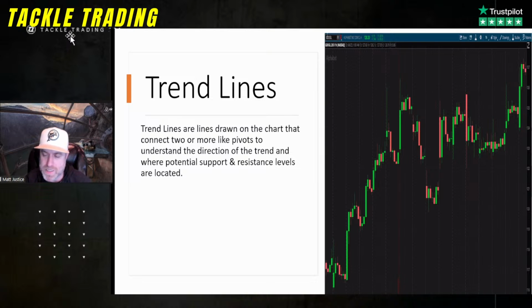Now, the number one mistake I see people make in connecting the dots is they will connect a major pivot in the past with a minor pivot in the current, and they think that's their current trend line. For example, they will take this right here and draw that just to justify, hey, this is a buying opportunity. No, it's not.